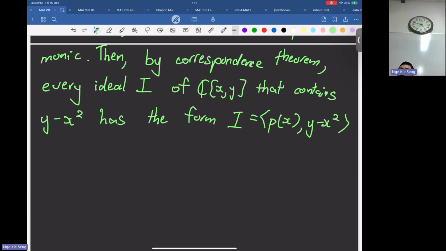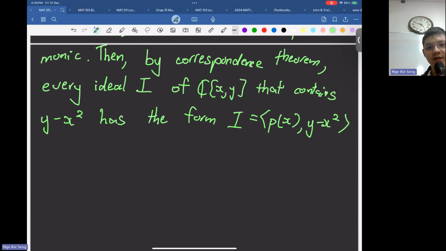This one seems a bit easier than the group, because last time, remember the example of S3, you needed to go and check all the preimages. But now the ideal here is generated by something, so you just need to check the generator. I only pull the generator back. Again, p(t). What's the inverse of p(t)? p(x). I just see the generators.